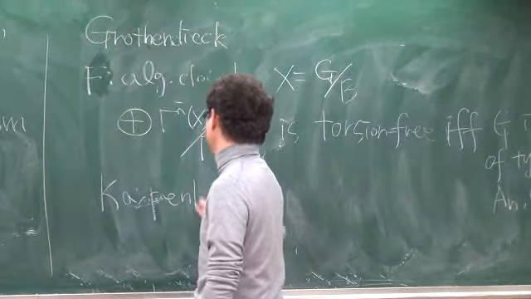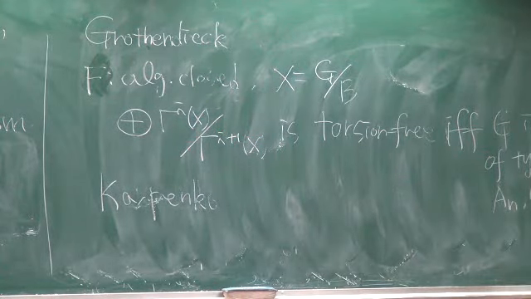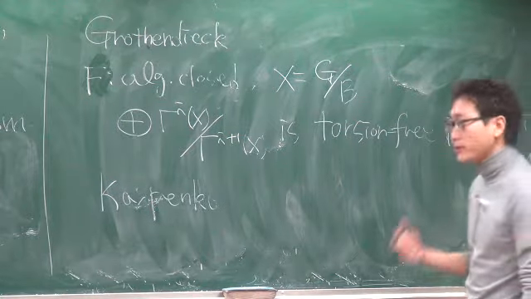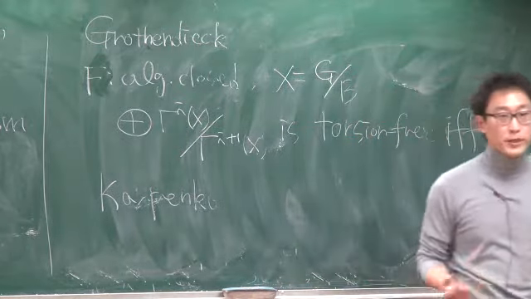Karpenko also studied the gamma filtration on the Severi-Brauer variety, which is a twisted form of projective space.